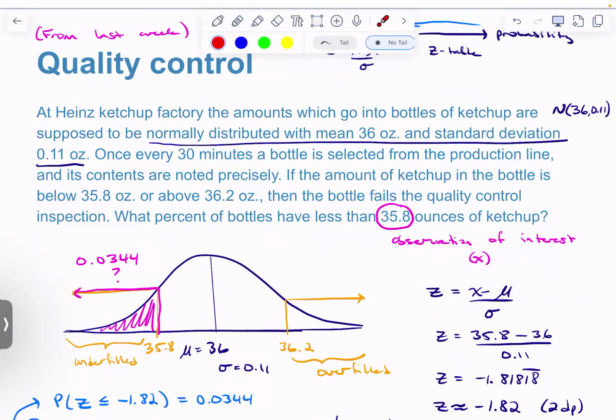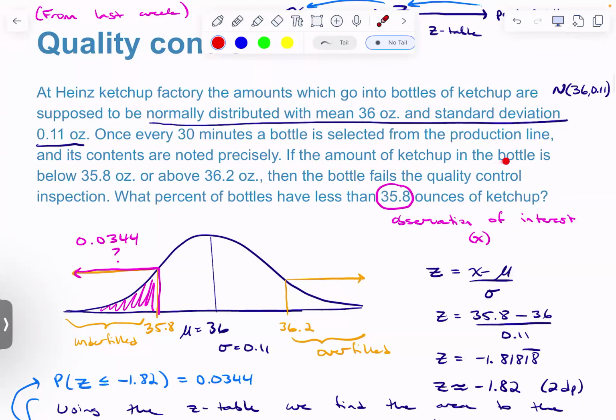I had to keep this slide though, because it has all the information that we need and it's been a week. So, or not quite a week, I guess, since we saw it, but we've got the ketchup factory and the amounts are approximately normally distributed with a mean of 36 and a standard deviation of 0.11. We're also told that if the amount of ketchup in the bottle is below 35.8 ounces or above 36.2 ounces, then the bottle fails quality control inspection.